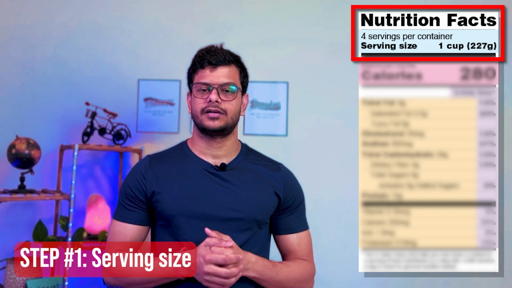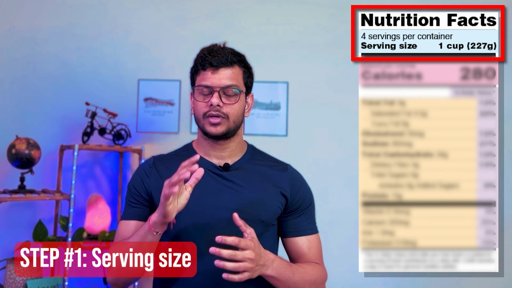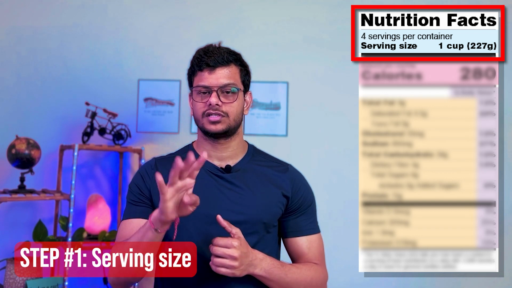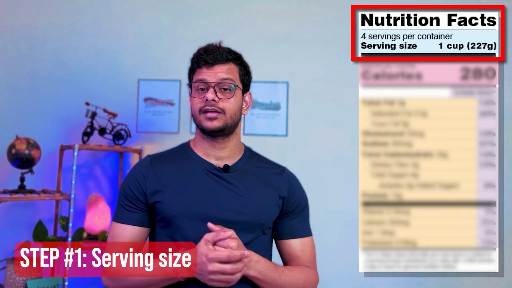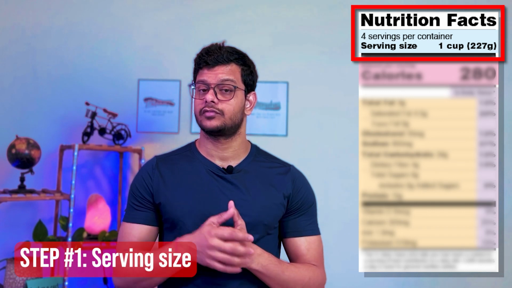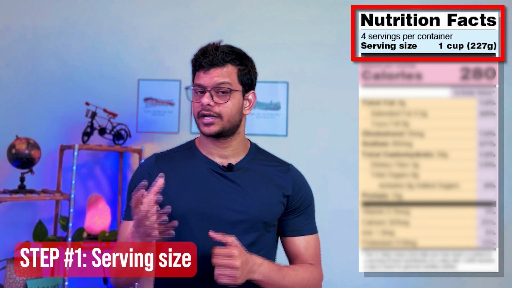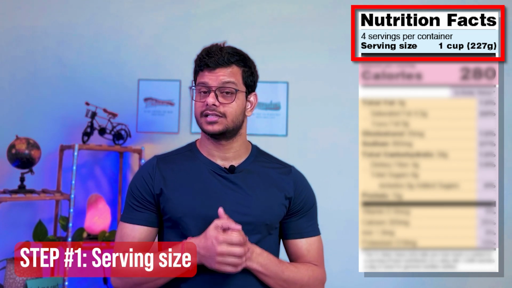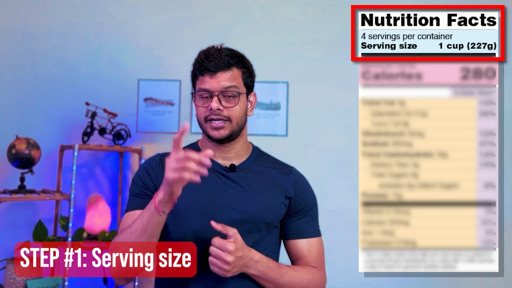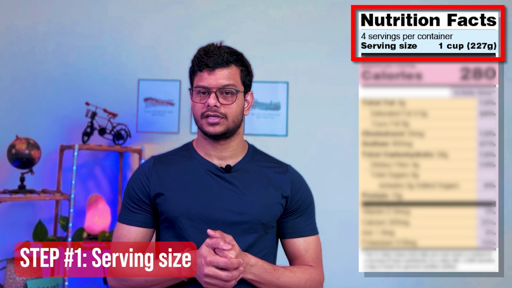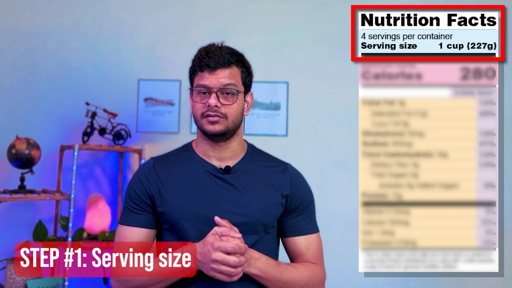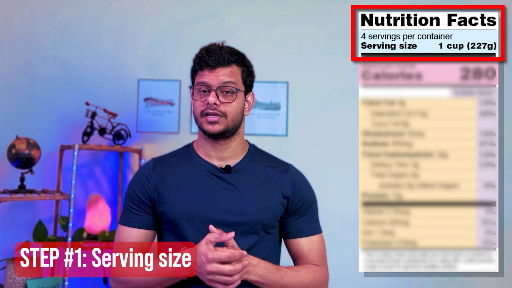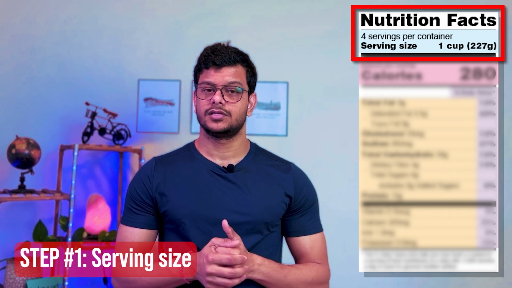To explain better, in the example image you can see that this packed food has 4 servings in it, and each serving weighs about 227 grams. So 227 grams of that food accounts for a single serving, and the entire box is going to have 4 such servings.